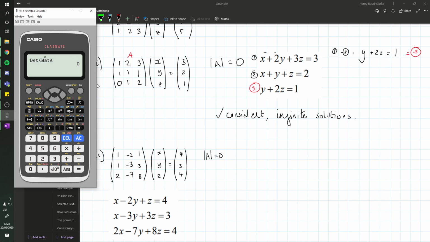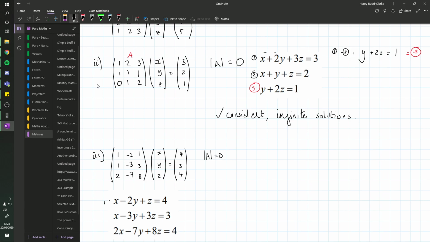So this is equation 1, this is equation 2, this is equation 3. My goal is to form a set of linear equations in 2 variables. Like I did here, y plus 2z, I made 2 equations in y and z.